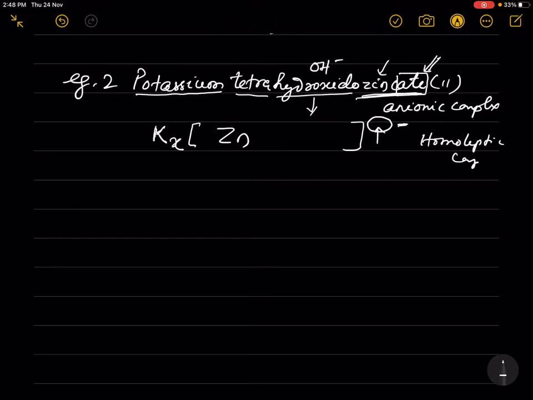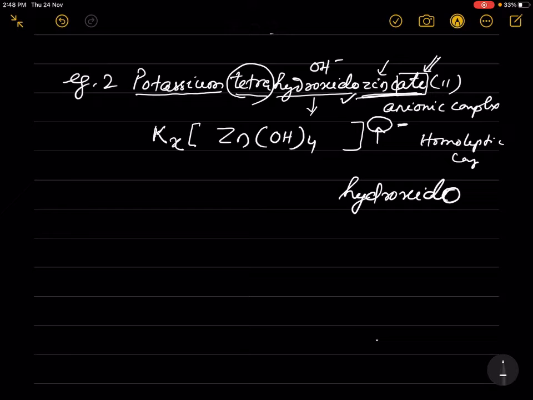This is hydroxide. The E is converted to O in the name of the complex compound, hydroxido. How many hydroxide ligands are there? 4. So I should write in bracket, then 4 as subscript.